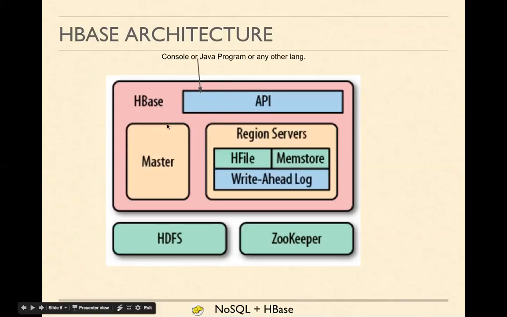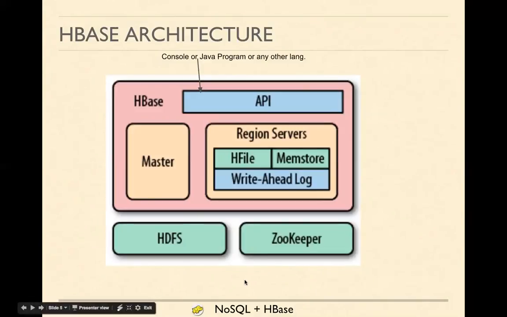APIs talk to the master and then get redirected to region servers, just like name node and data nodes. And these region servers store the actual data, and the master keeps track of which region server contains what range of data.